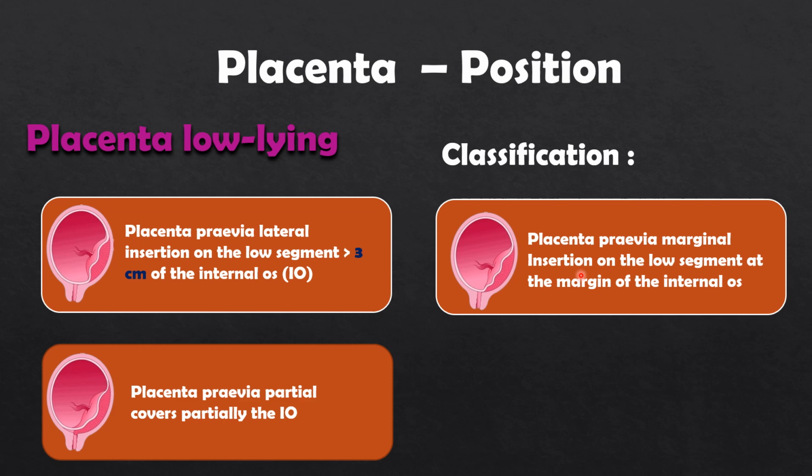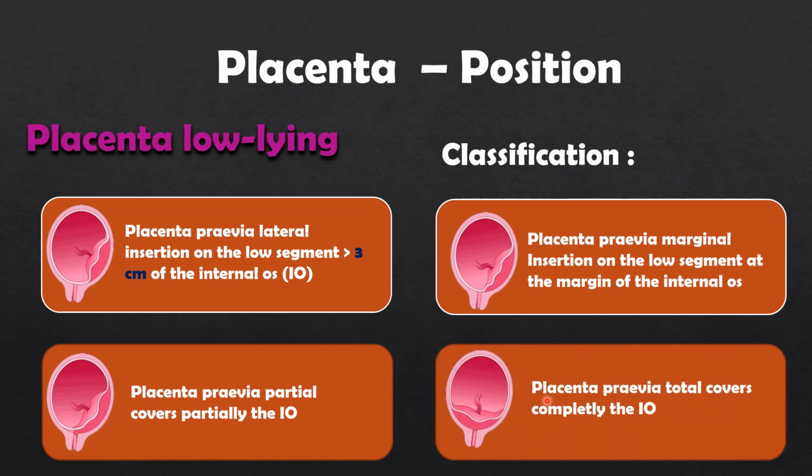The third group is the partial placenta previa, where the placenta covers partially the internal os. And the last one is the complete, total placenta previa, covering completely the internal os. Clinically, this third group is probably the most challenging because of frequent bleeding during the pregnancy.